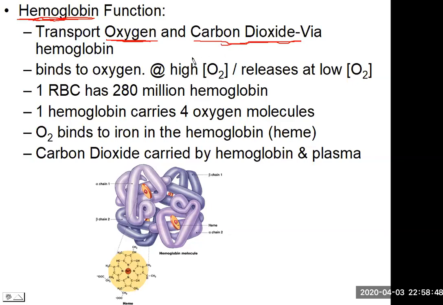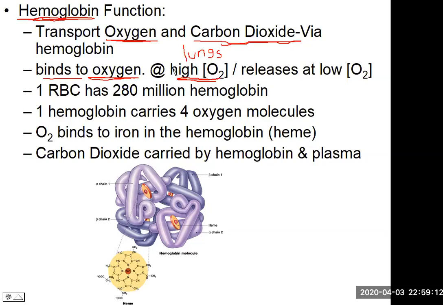So as an example, oxygen: areas of our body that have a high concentration of oxygen, and this of course would be the lungs. As we inhale and we're drawing that oxygen from the environment into our lungs, the blood circulating through our lungs will bind oxygen to the hemoglobin.